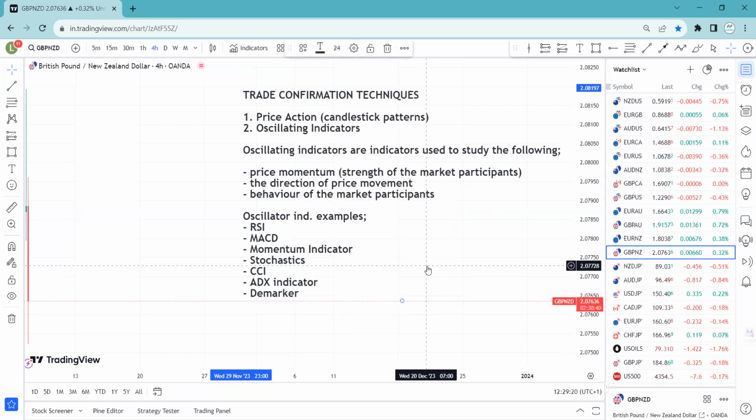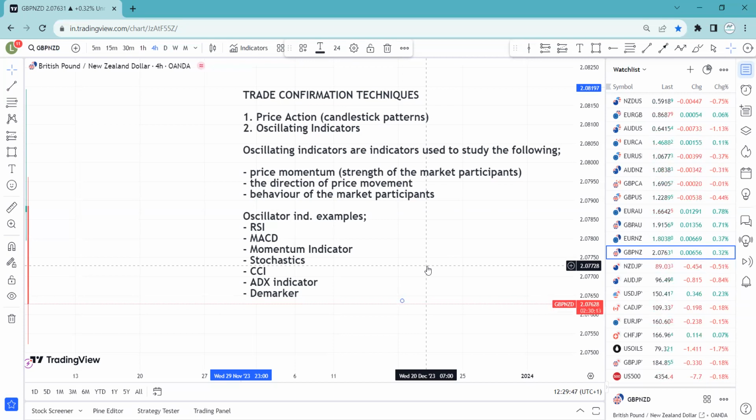So these are some examples of oscillating indicators. Now, all these indicators are very unique in their own way, and in their own methods and build-up. But they all boil down to what? Three major things. They try to tell you price direction.